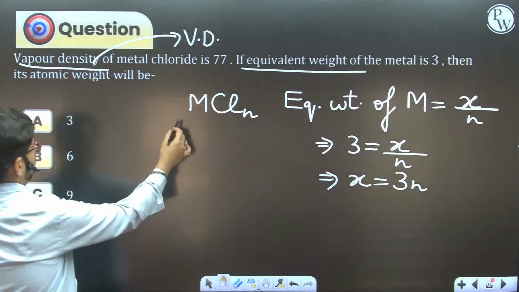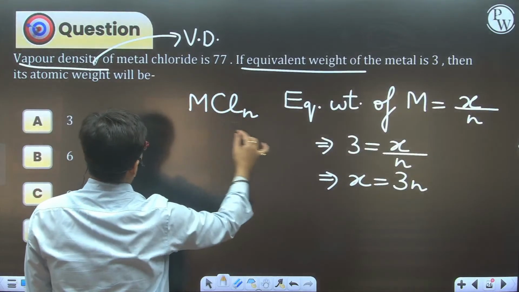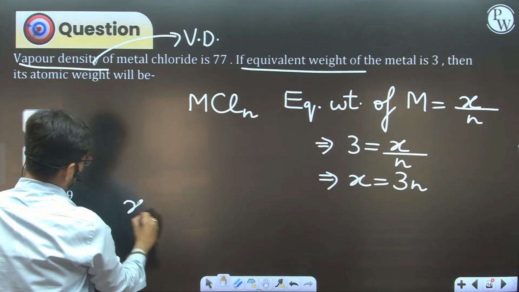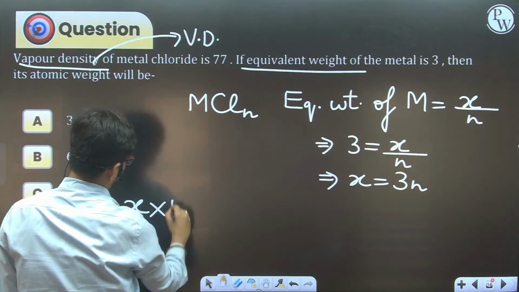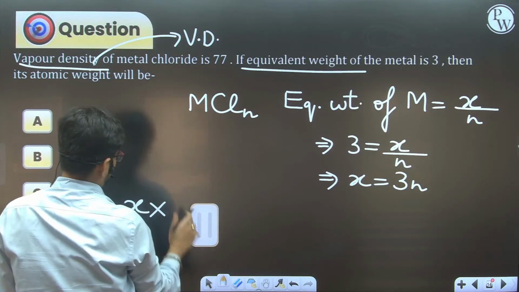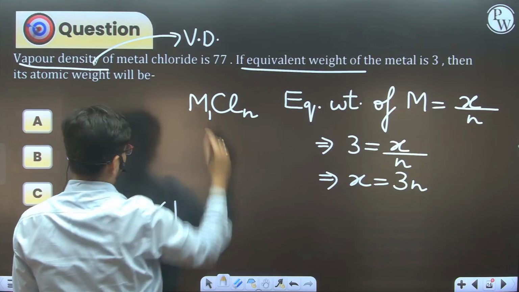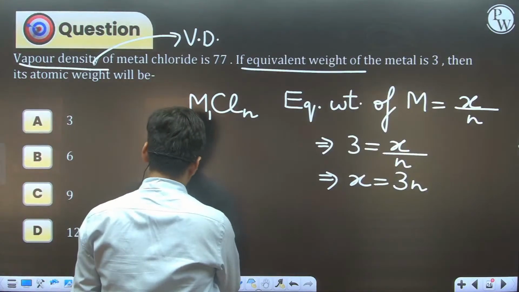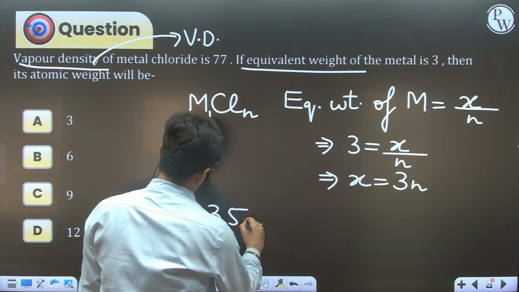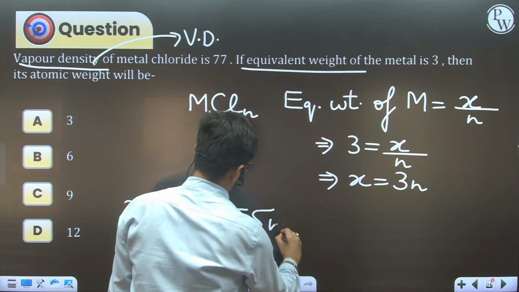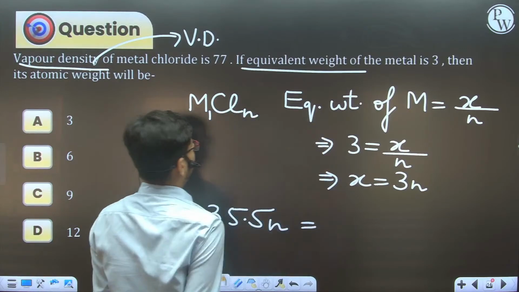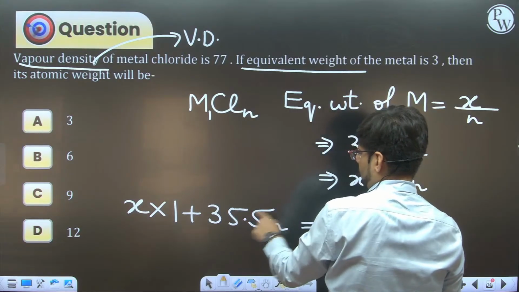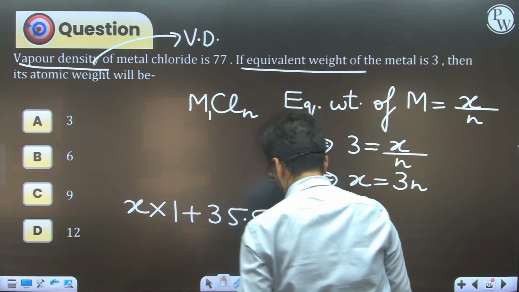Now see, what is the molar mass of this entire metal chloride? I can say molar mass of this will be X into 1 plus 35.5 N, because here we have 1. X is the atomic weight of the metal. So X into 1 plus 35.5 N is equal to molar mass of the metal chloride.